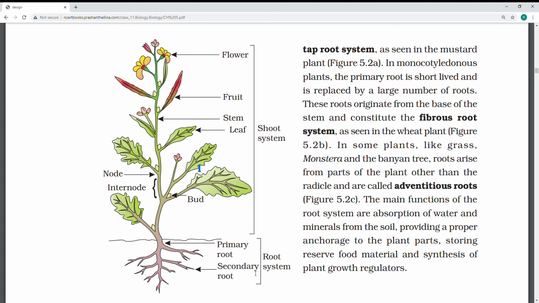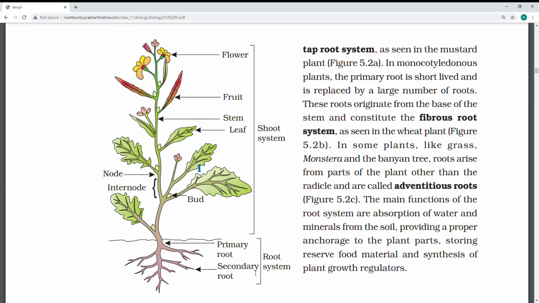If it is single like rice, it is monocot. For monocots, it is the fibrous or adventitious roots. All other big plants which we see daily, the most dominant, are called the taproot system. The roots develop from the radicle, which are primary roots, and from there only the secondary and tertiary roots will start.